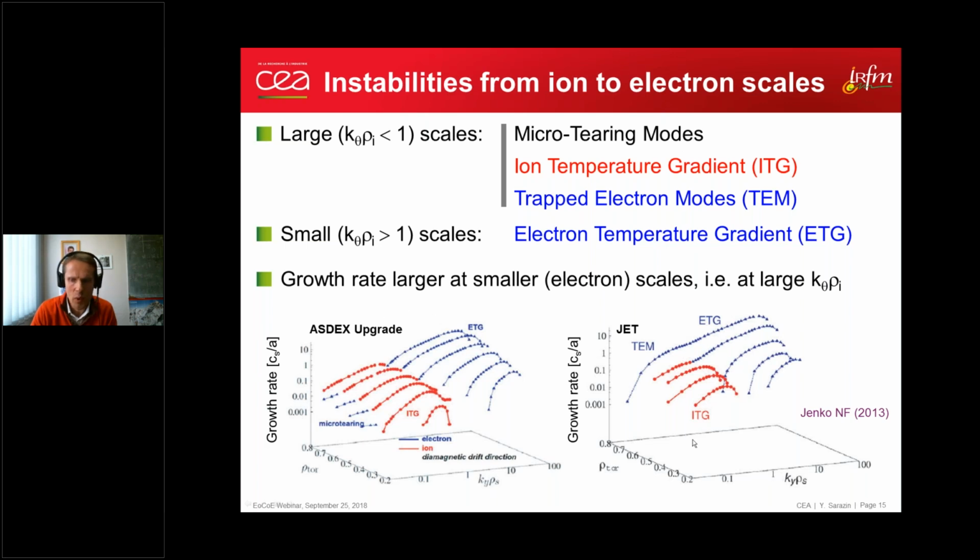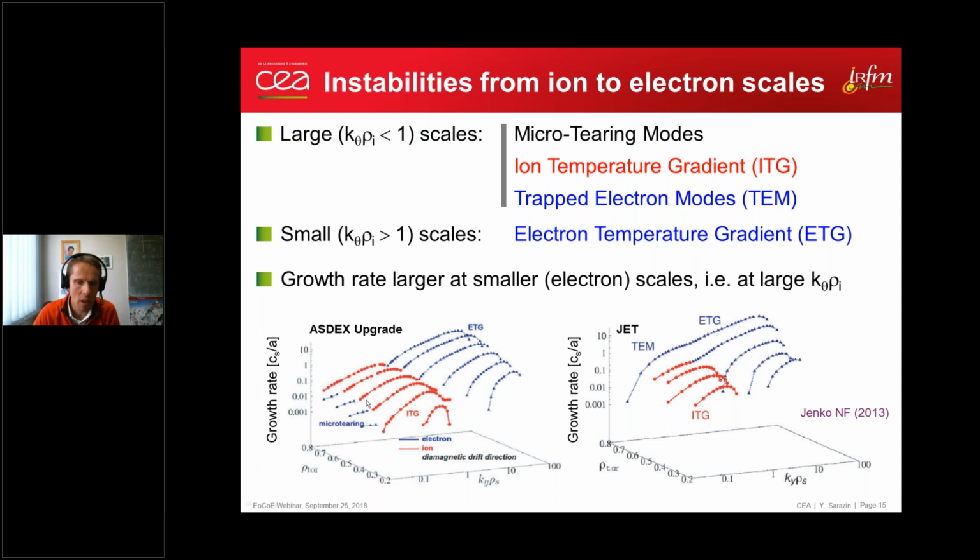What is presented here is an analysis based on the experimental profiles. You take the temperature profile and the density profile measured experimentally, and then you look at whether some instabilities are unstable or not, and if they are unstable, you can compute their growth rate.